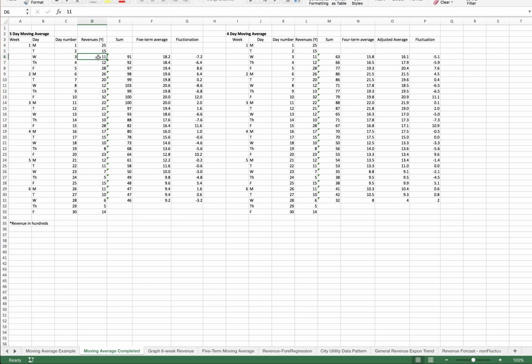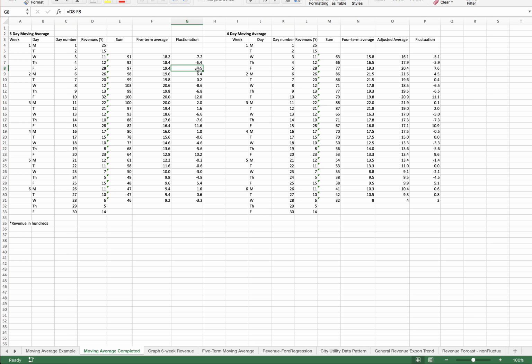So when you compare my day 3 actual revenue to the 5 day moving average, you can see that there is a negative 7.2, which basically means that my actual revenue is a little bit below the average. Okay.